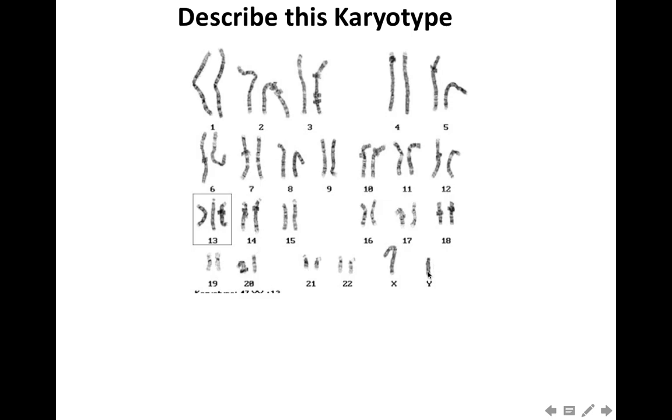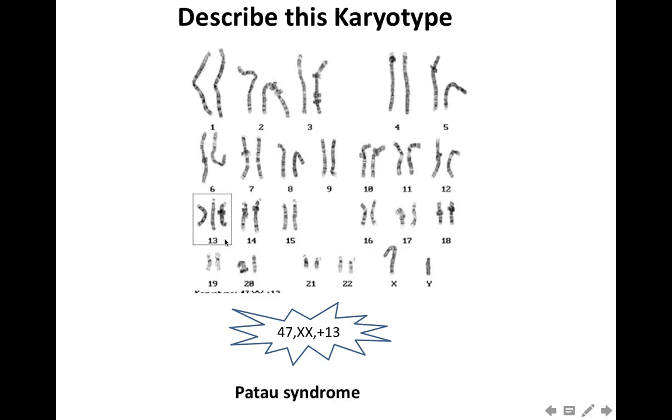So this is a 47, XY. It's XY and it's trisomy 13. So this is a case of Patau syndrome in a male.